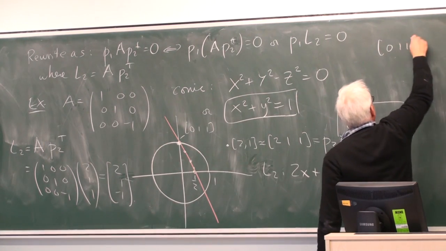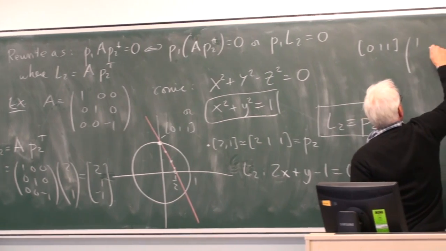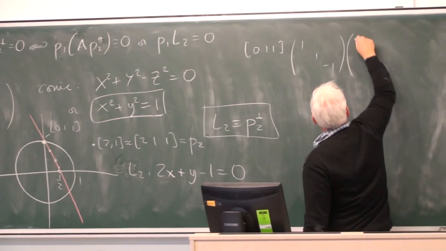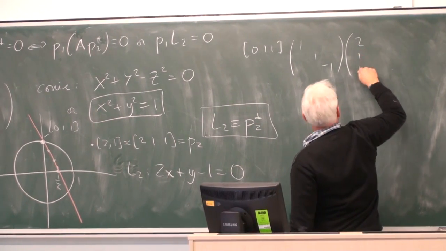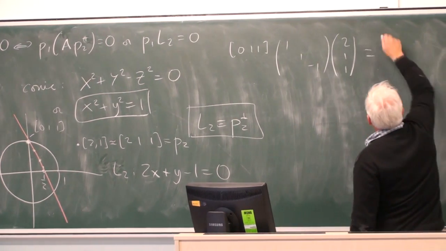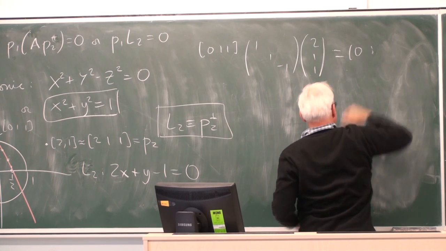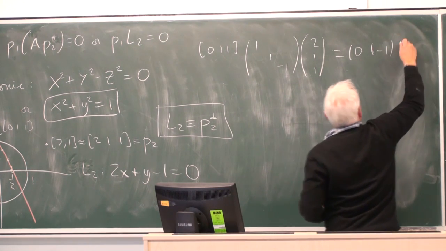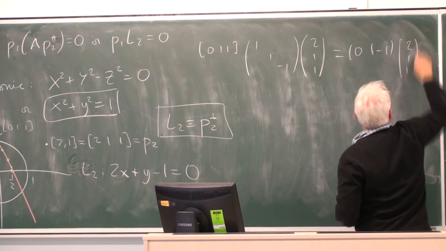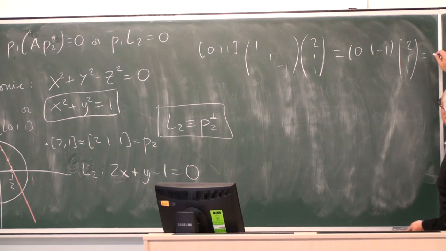So 0, 1, 1 times the matrix times 2, 1, 1. What is that? Well, when I multiply this, I just get 0, 1, minus 1, and then I'm multiplying by 2, 1, 1, and I get 0.